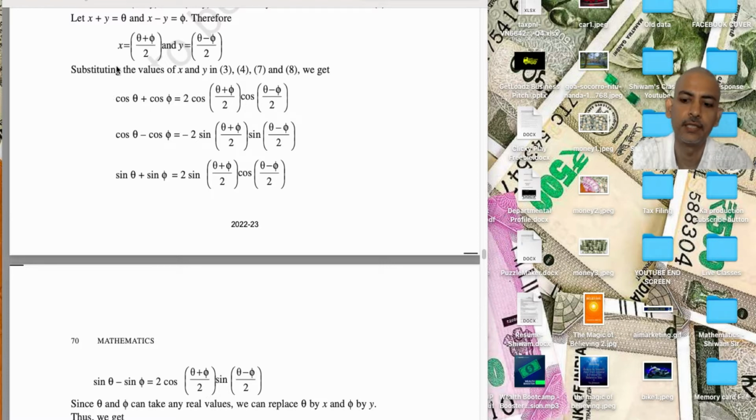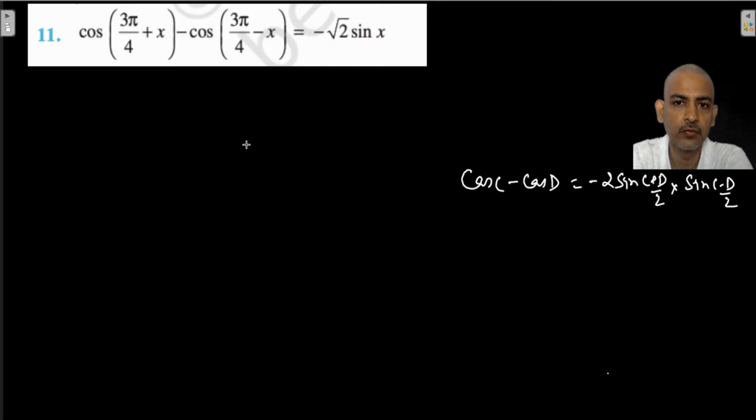This formula is cos theta minus cos of phi equals minus 2 of sine theta plus phi by 2 into sine theta minus phi by 2. So this is what we are discussing here.